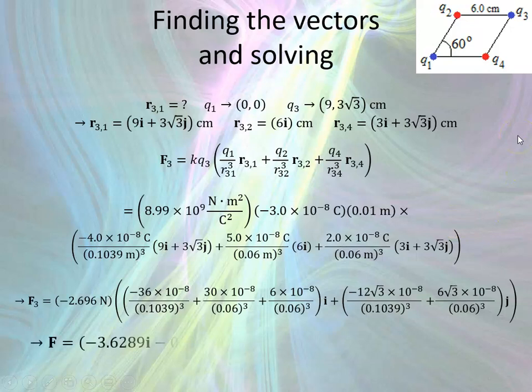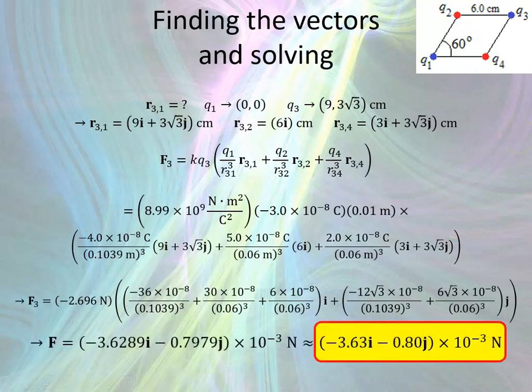And after we do that, we get that our net force vector acting on charge 3 is negative 3.63i minus 0.80j times 10 to the minus 3 newtons. Now, do the relative magnitudes of our components and their directions make sense? Well, let's look back at this. So we have a charge Q4 down here.